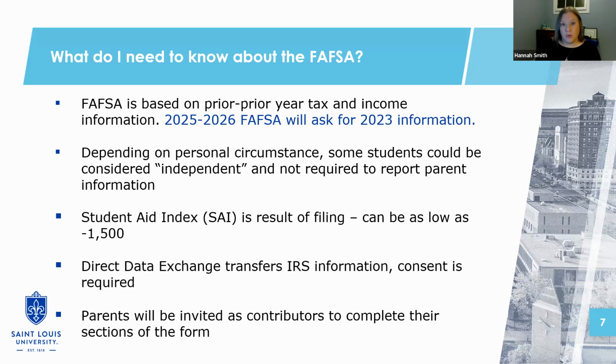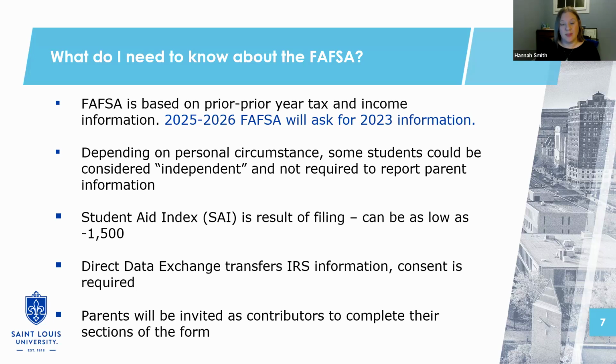As a general rule, if your SAI that's calculated from the FAFSA is higher than the cost of attendance at the institution that you're planning on attending, you're likely not going to receive any need-based aid. So that's kind of a good metric to use as you get that SAI back to kind of manage expectations a little bit. Should we expect any need-based aid based on what that SAI looks like?